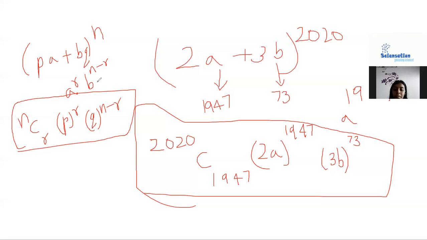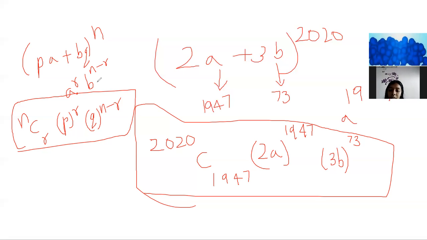But let us say I give you 20 oranges and I say choose any 3 oranges. Will the order matter here? No. So in how many ways can you choose? 20C3. See, initially, if I have to arrange them, I'll arrange them in 20P3, but each team gets counted 3 factorial times.